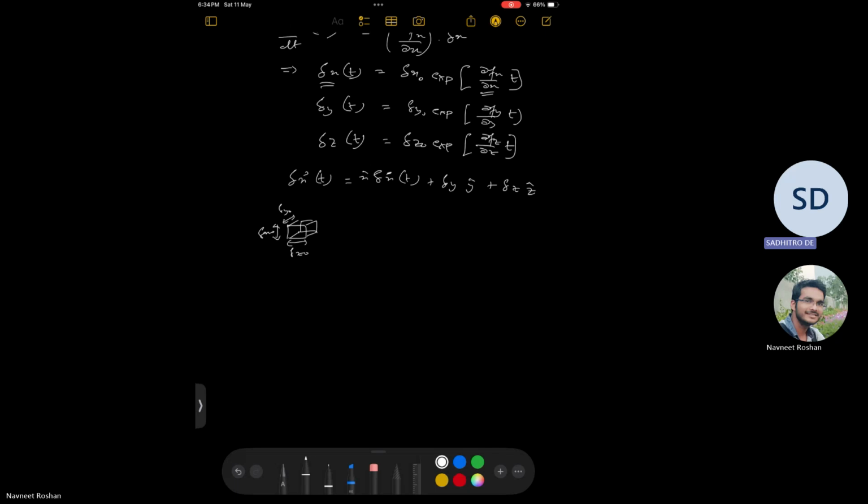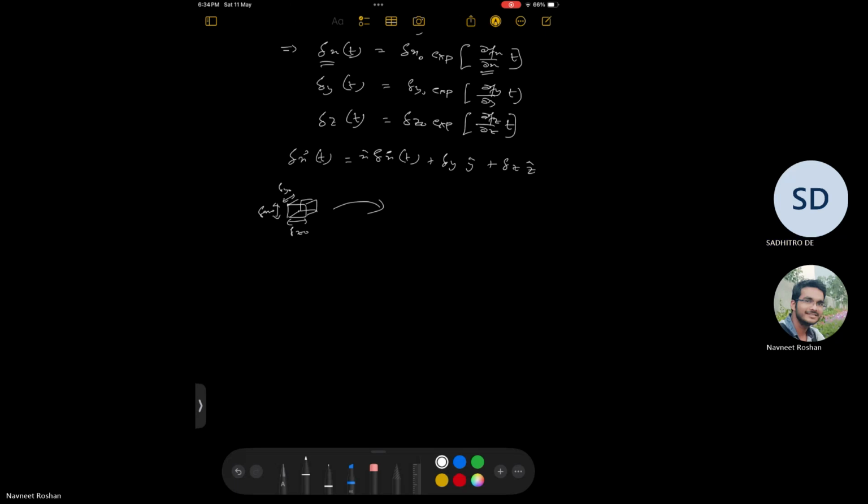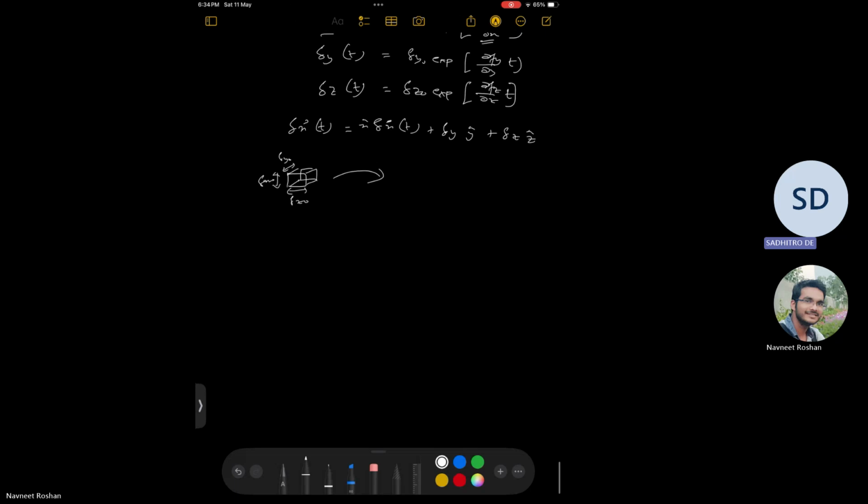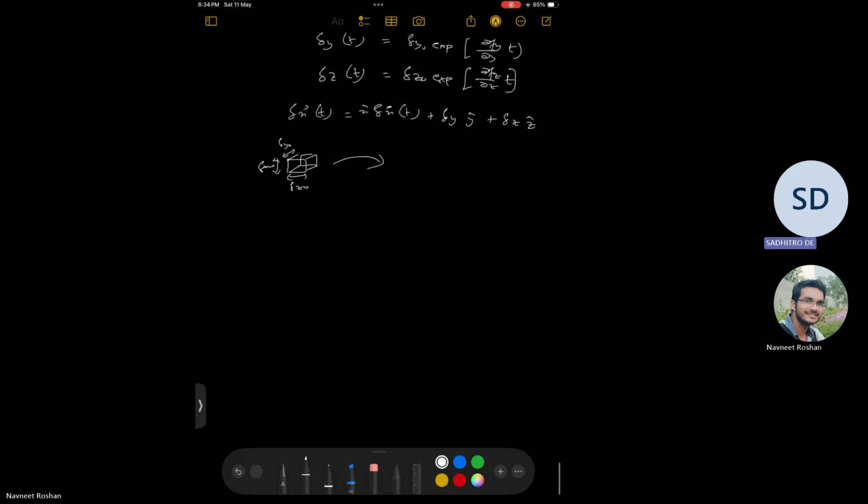Okay, suppose now this thing evolves to a certain different kind of volume after a time t. Okay, so then what will be the volume of the object at time t? Then the volume of the object at time t is basically given by delta x, delta y, delta z, all of them evaluated at that time t.